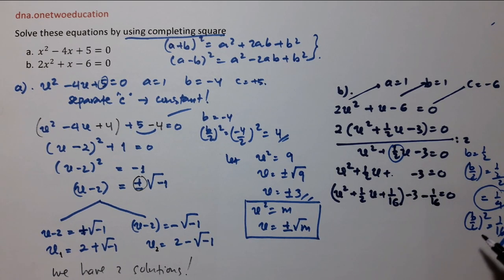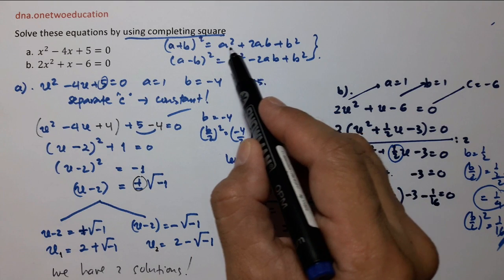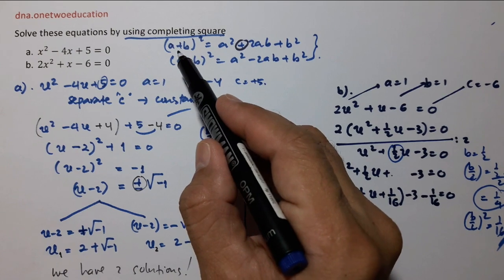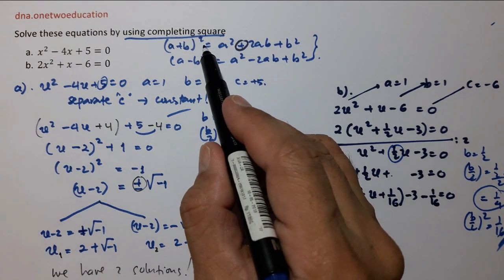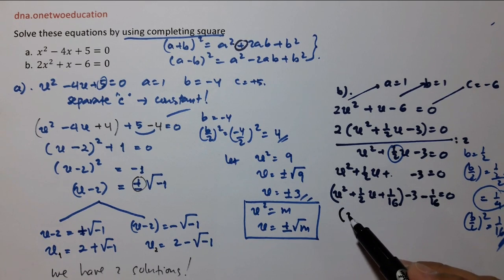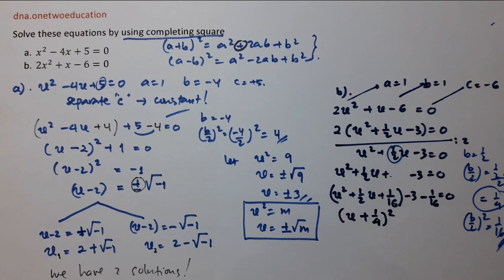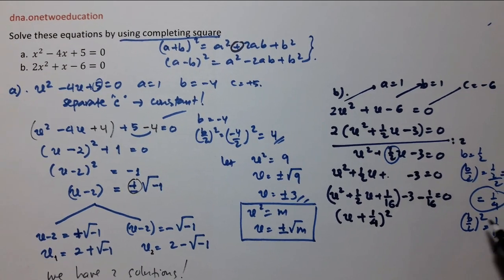Right? Okay, next. Because this expression is positive, just follow this one, positive a squared plus 2ab plus b squared. So you have to change the expression to just follow this formula. So now our expression is x plus a quarter, 1 over 4, square, because b over 2 is a quarter, right?